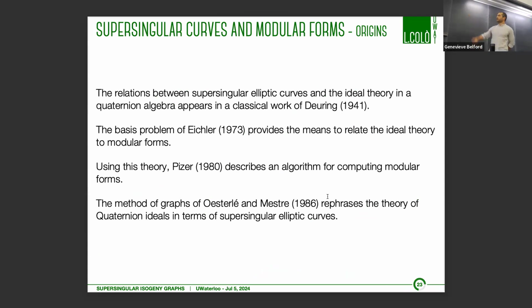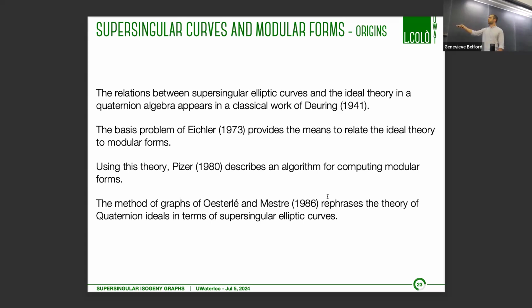It all started in 1941 with the work of Deuring, relating the isomorphism classes of elliptic curves with classes of ideals inside quaternion algebras. And in the following years, the main objective was to study these things in order to get information on the modular forms.